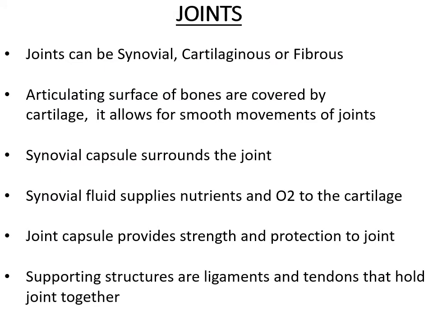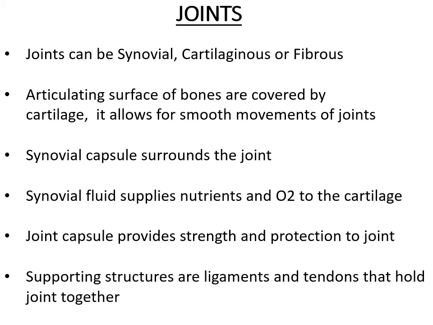Okay, so let's move on and talk about joints. And there's 3 types of joints. The one that we'll typically think of and talk about a bit more than the others is synovial joints. There's also cartilaginous joints and fibrous joints, and we'll talk a bit about those as well.